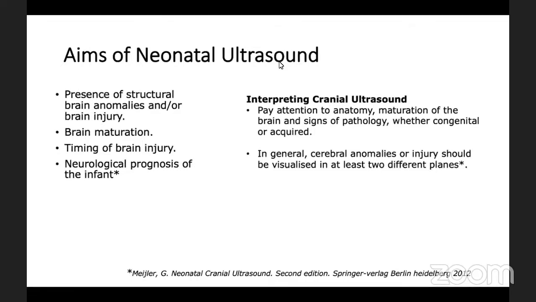There was a nice article recently published by an Australian group about ultrasound prognosis for future neurodevelopment. While interpreting the cranial ultrasound, it is very important to pay attention to the anatomy, maturation, and signs of pathology, whether congenital or acquired. And it is always better, when you detect cerebral anomalies, to visualize them in at least two planes.